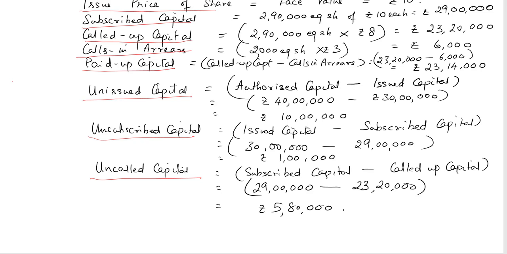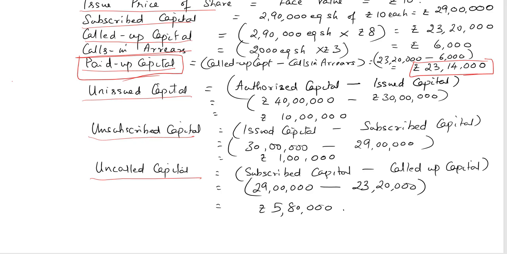From this example, we understood the different kinds of share capital. A small note: in the balance sheet of the company, while depicting the share capital, we will show the amount of paid up capital, the amount which has been paid by the shareholders, and as per this example sum, the amount of paid up capital is 23 lakh 14,000 rupees.